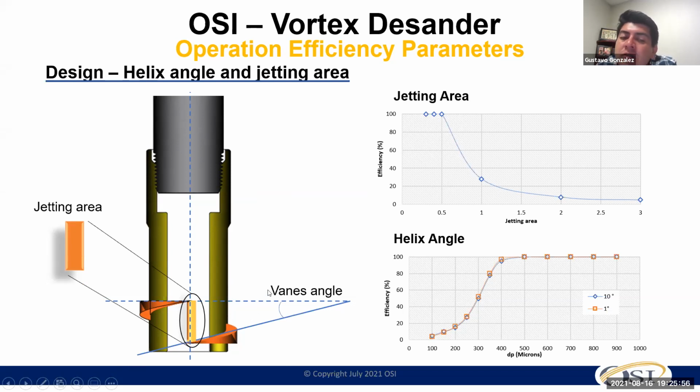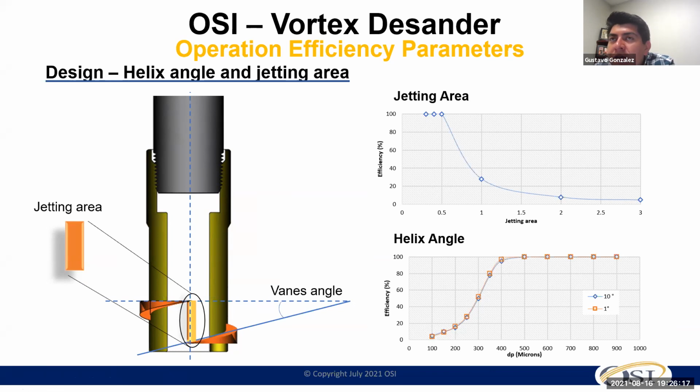If this angle is too big and my delta P is not enough, the fluid with the sand will not generate enough centrifugal force, and that sand will remain in solution and go through the pump, or it will fall back and go straight inside the inner tube. At that point, your efficiency is going to be super low.